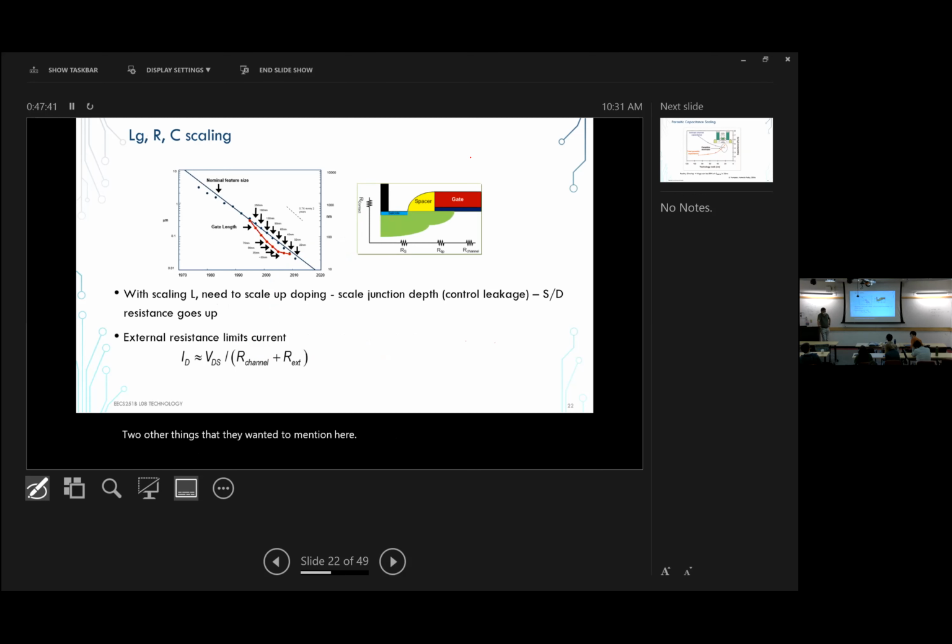Resistances of devices, of their source and drain regions, as we have not been able to keep up with scaling them, have been going up. So the resistance to go from a contact to the source to this drain extension to reach the channel has not kept up with the scaling of channel lengths.